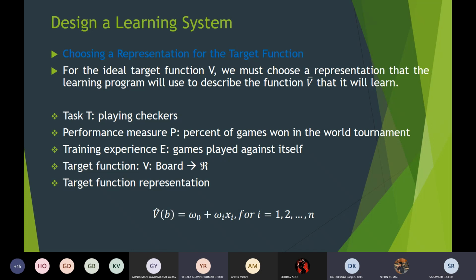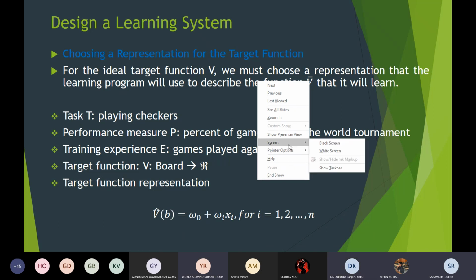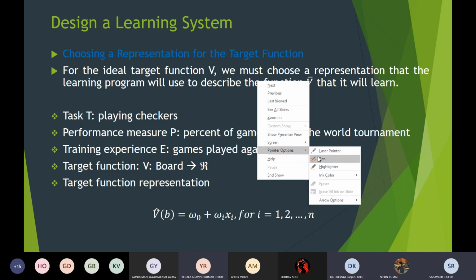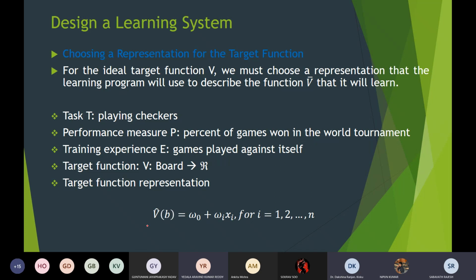Now if we consider such features for a particular board state, then we can have this linear combination of such features. So here we could define a representation of the target function, which is referred to by this v cap of b.